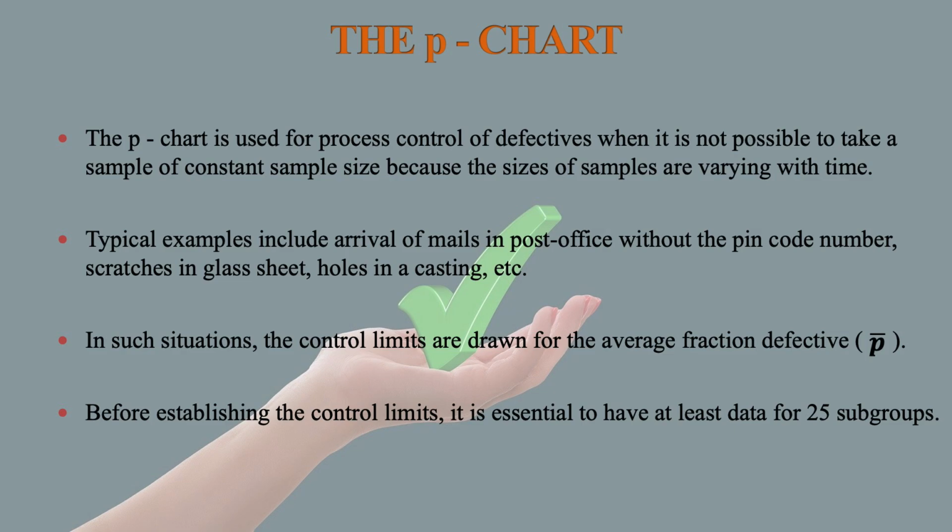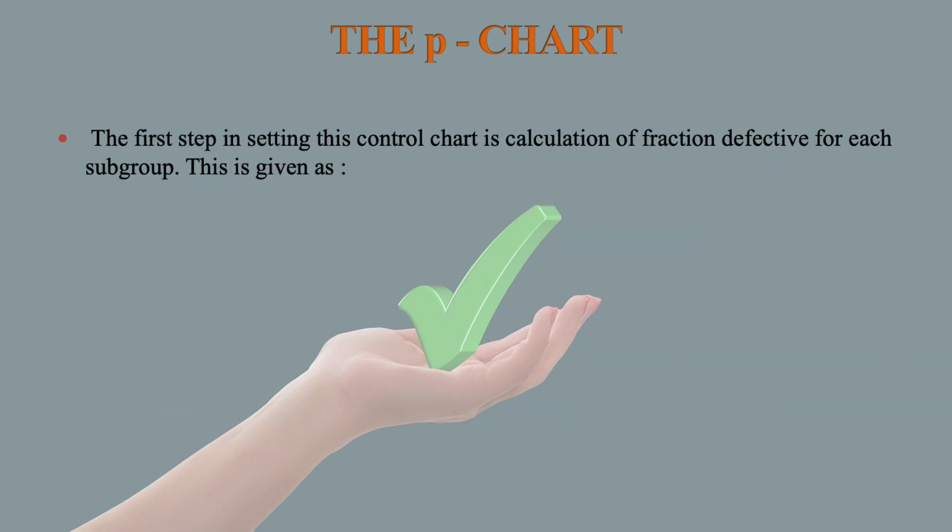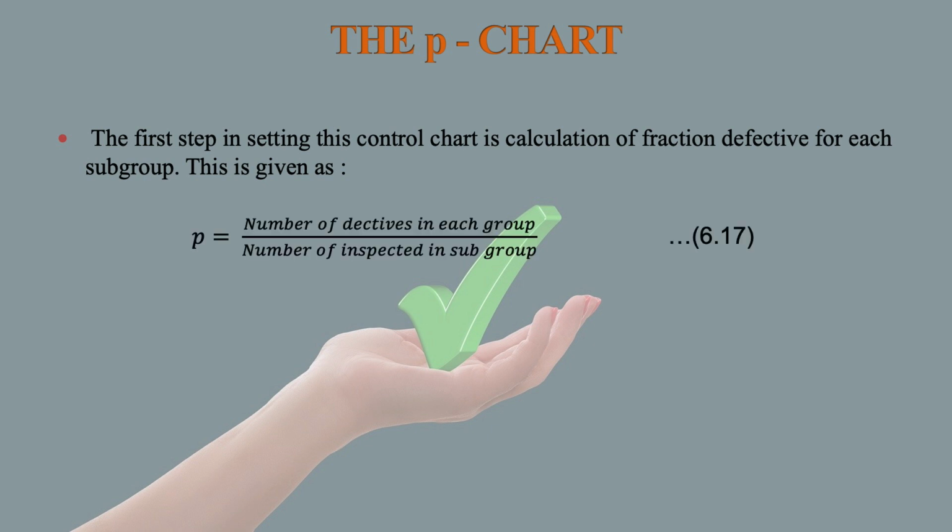Before establishing the control limits, it is essential to have data for at least 25 subgroups. The first step in setting this control chart is calculation of fraction defective for each subgroup. This is given by P is equal to number of defects in each group divided by number inspected in subgroup.